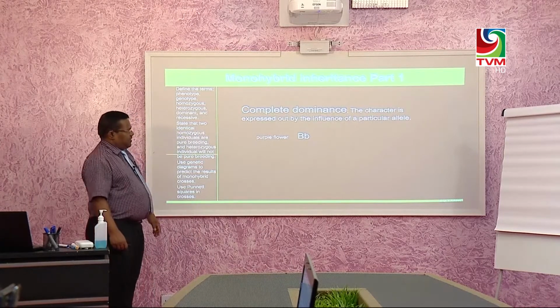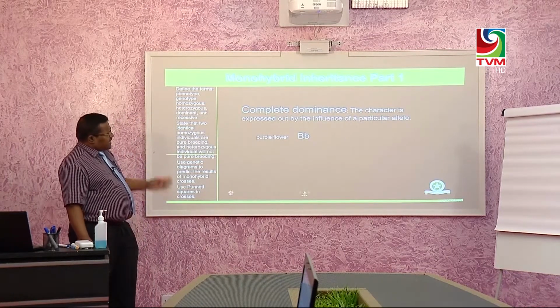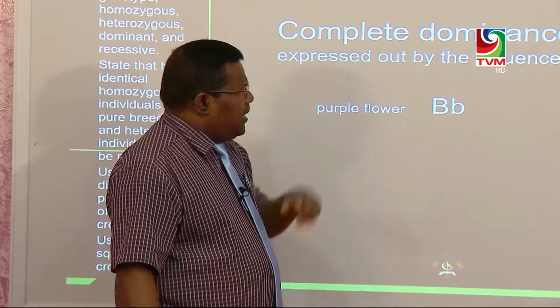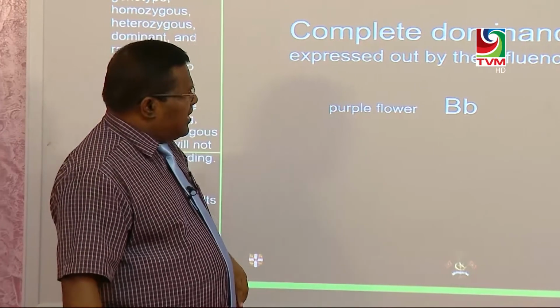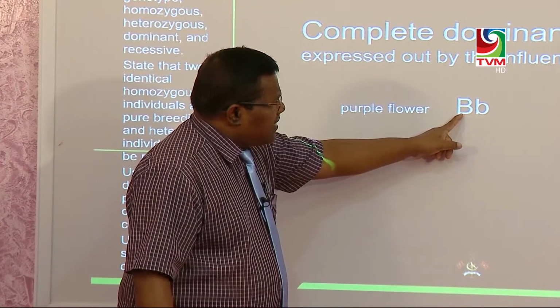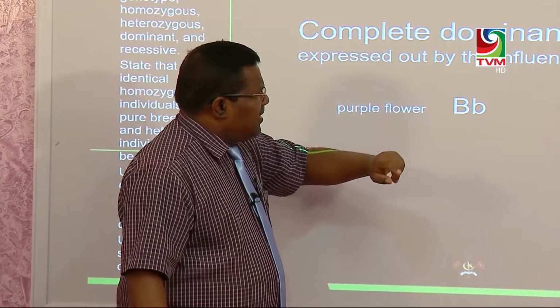Complete dominance: the character is expressed by the influence of a particular allele. Here there are two different alleles, capital B and small b, and the allele for the dominant character is completely dominant over the other.